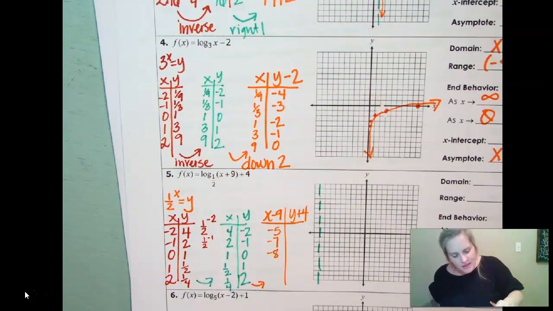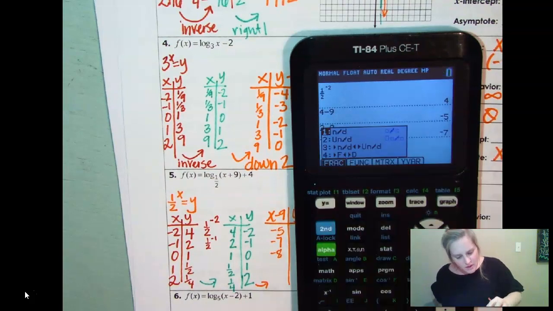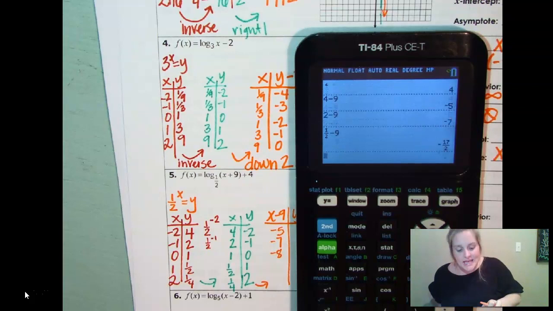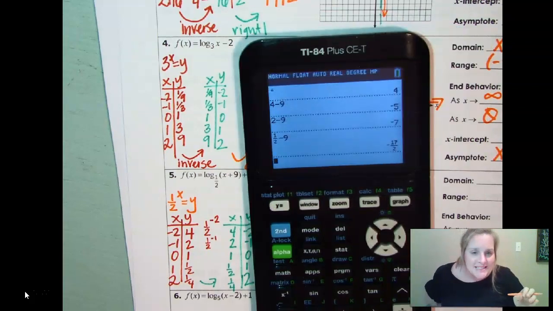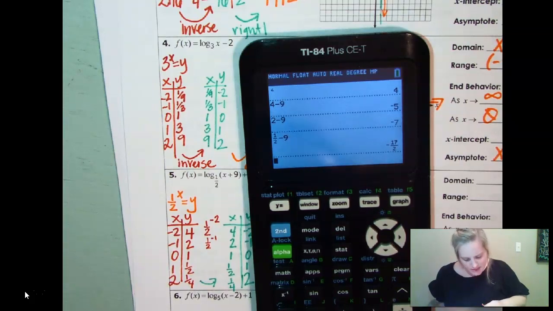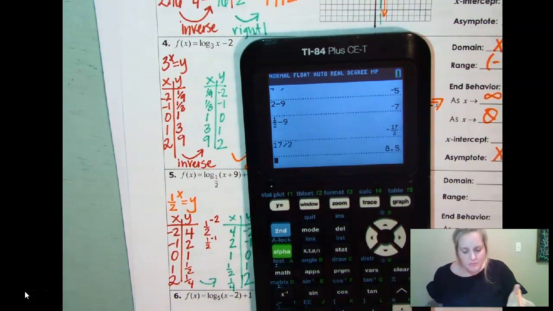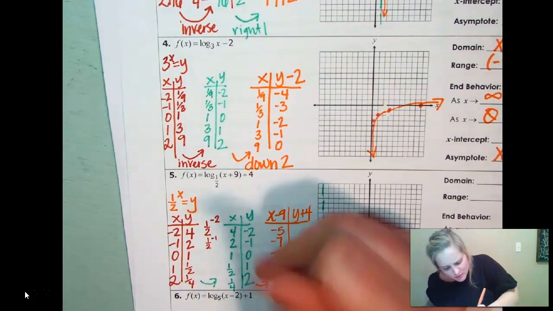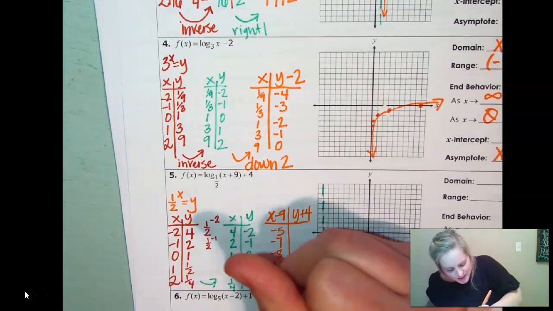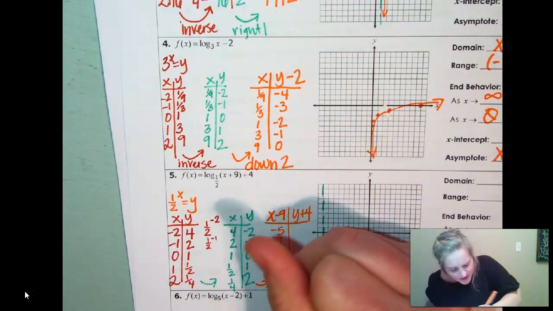Let's put that in the calculator. 1/2 minus 9 is negative 17 halves. As a mixed number, what's 17 divided by 2? That would be 8.5. Let's just use the decimal and save ourselves the trouble. Negative 8.5, and then this one would be negative 8.25.